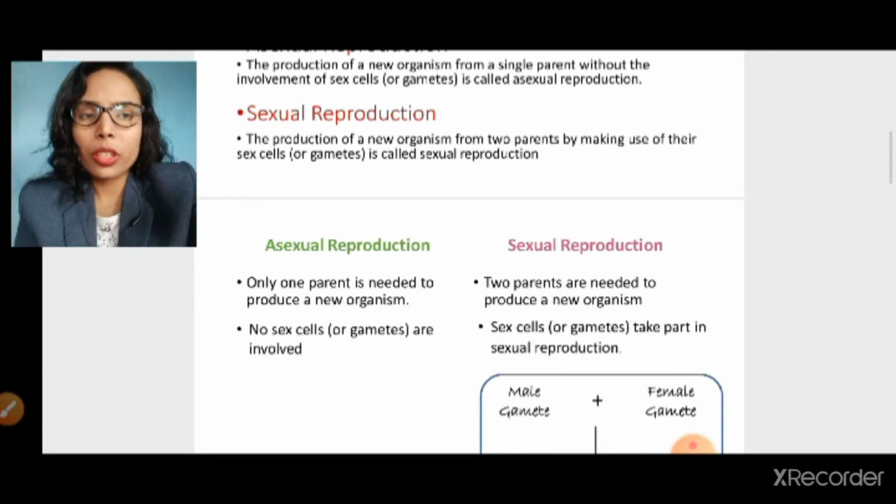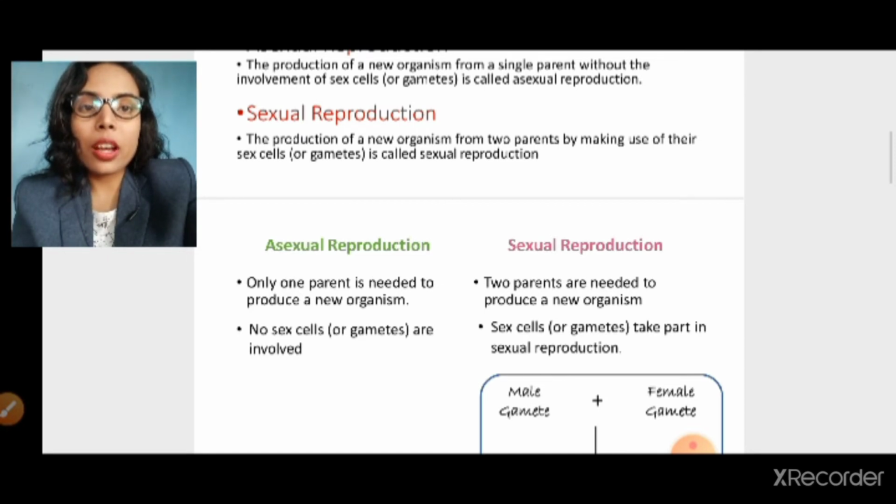Now, let us discuss the differences between asexual reproduction and sexual reproduction. First, in asexual reproduction only one parent is needed to produce a new organism. In sexual reproduction, two parents are needed to produce a new offspring. Second point, in asexual reproduction no sex cells or gametes are involved. In sexual reproduction, sex cells or gametes take part.